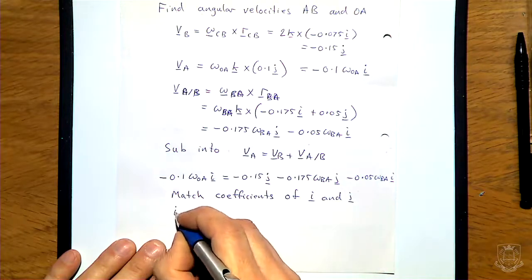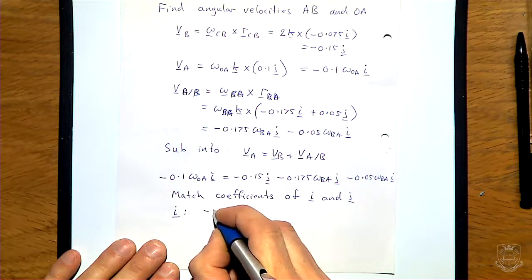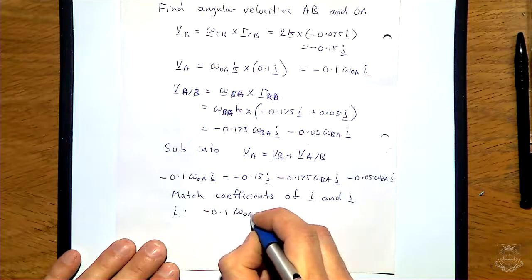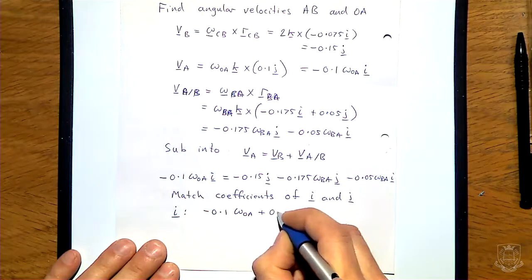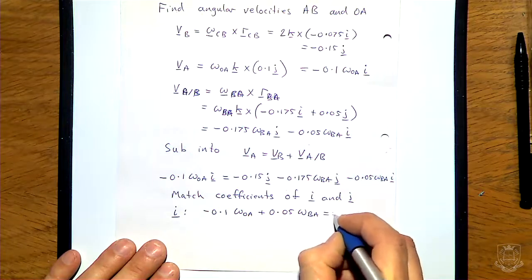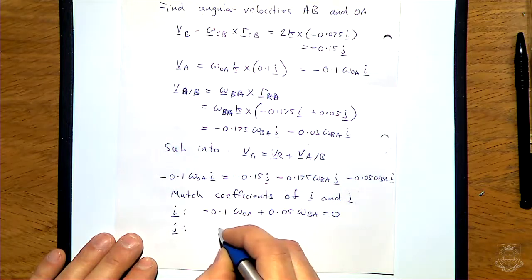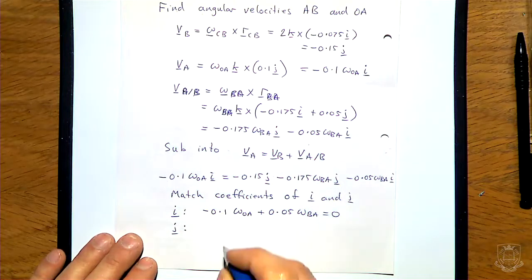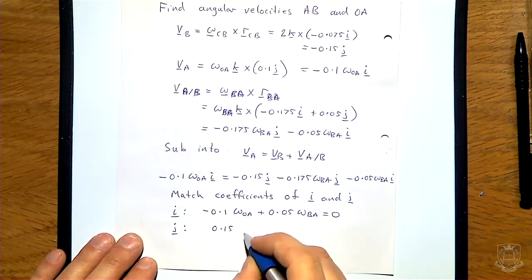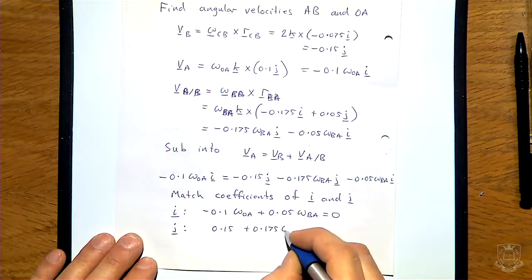So if I do that, the I coefficients give me minus 0.1 omega OA plus 0.05 omega BA equals 0. And then the J components, I have 0.15 plus 0.175 omega BA equals 0.